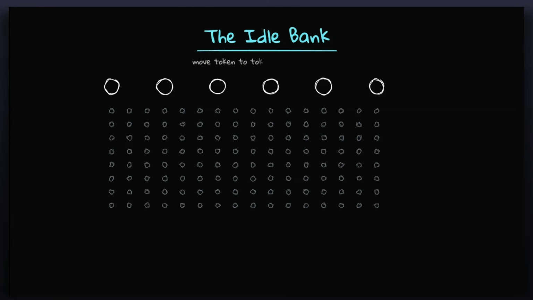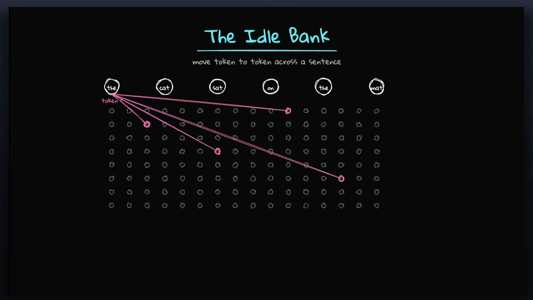Now, in order to understand how Colibri takes advantage of this, let's look at what happens when you move from token to token across a sentence. The first token lights up one small subset of experts and ignores the rest. The next token lights up a mostly different subset. There might be some overlap, but the sets keep shifting for every token.